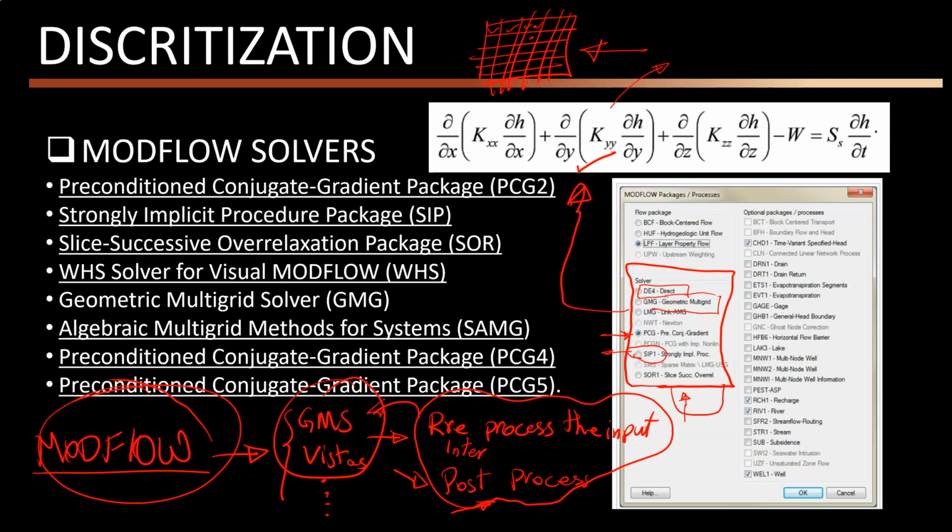Okay, so this part is progressing, but as a modeler, at least you need to learn the names of these solvers. For example, PCG is one, GMG. These are the names that you have to keep in your mind.